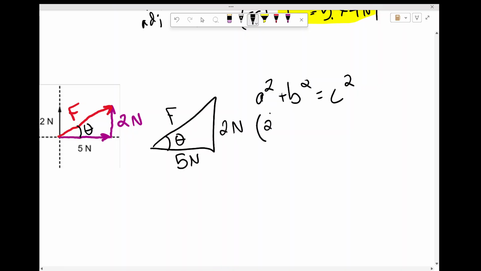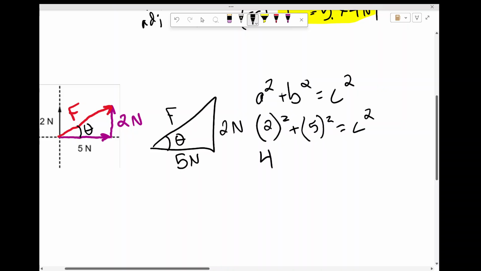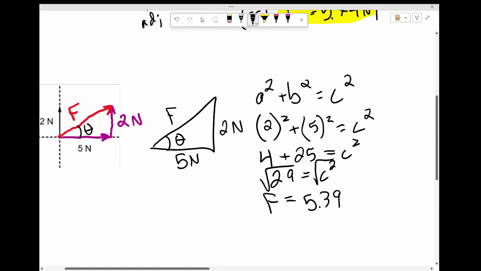We have 2 squared plus 5 squared equals c squared. 4 plus 25 equals c squared. 29 equals c squared. Then we take the square root, and we find that the hypotenuse, c, which we called F, is the square root of 29, or 5.39. And that would be in newtons here. So that would be our hypotenuse, 5.39.